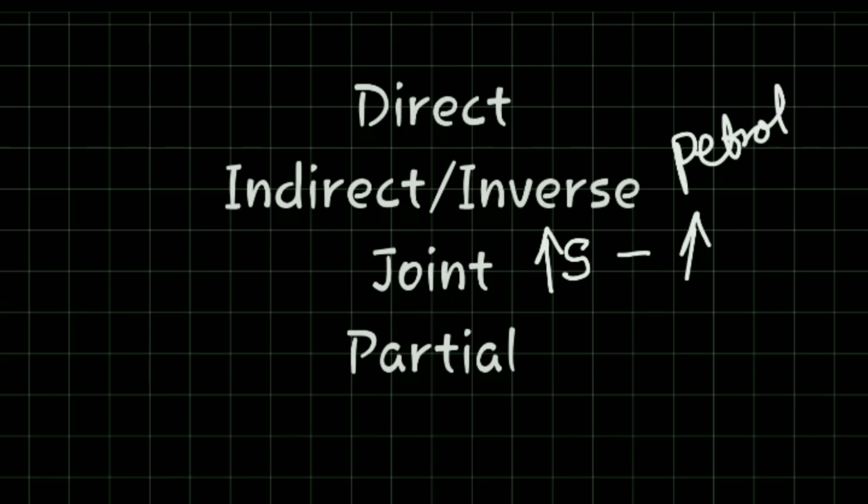If all the cars use petrol, then an increase in the sales of cars will bring about an increase in the demand for petrol, because you need the petrol to move the cars. And so this is being affected directly. The demand for petrol is being affected by the increase in the sales of cars. So there is a direct relationship between both variables.